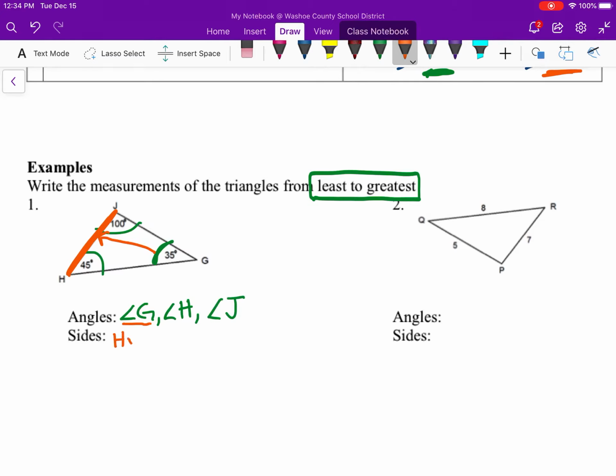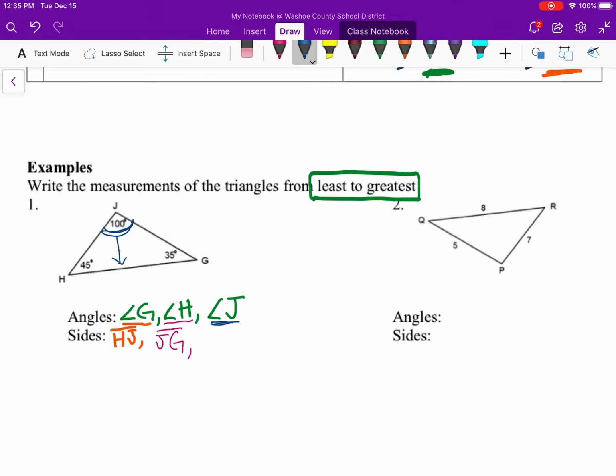So the shortest side is across my smallest angle. Shortest across from smallest. My middle angle, H, is here. So if I look across, this right here is my middle. So that's JG. And lastly, my biggest angle, J, so I'm going to clear this picture up a little bit.